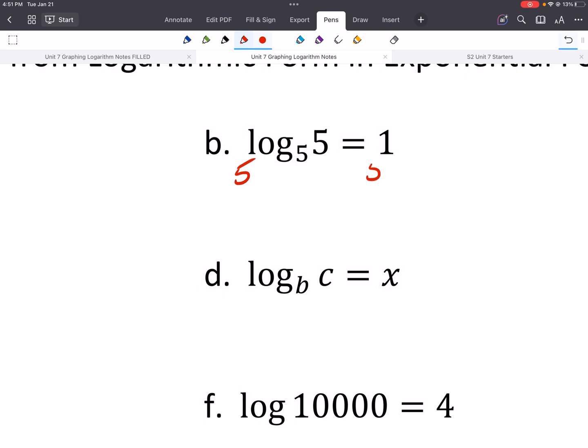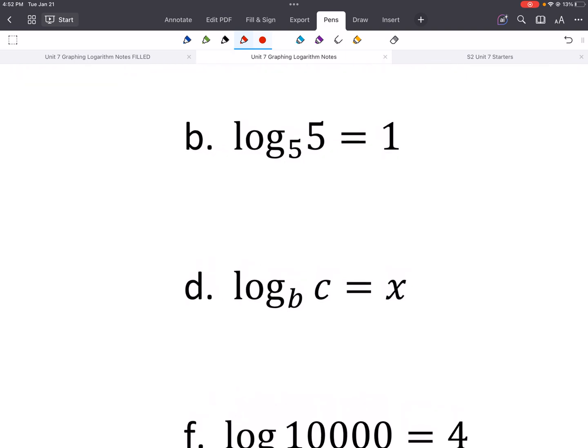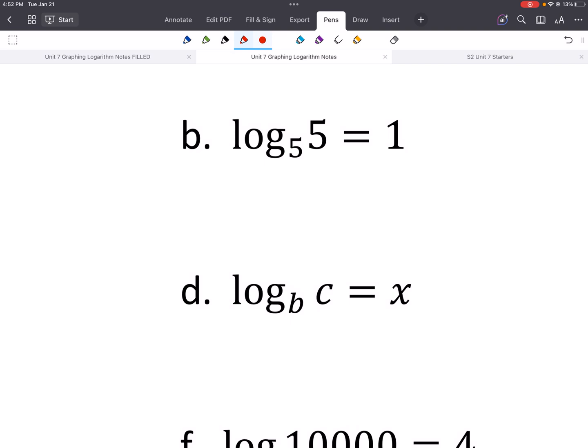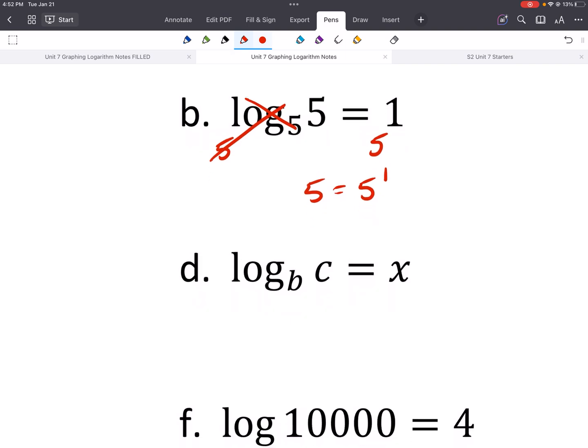Here's something we should talk about first. Let's keep going the same way. This would cancel, so we'd get 5 is equal to 5 to the 1. And obviously that's equivalent.